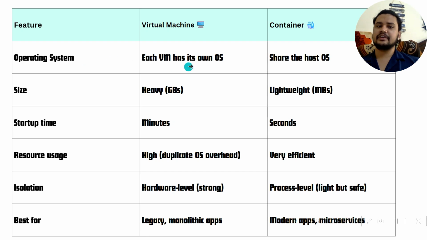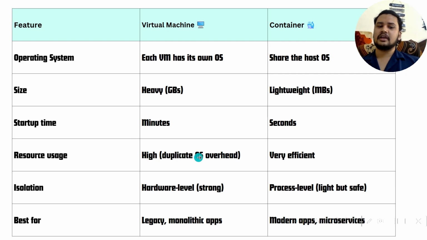Let's identify the features and the differences between virtual machines and containers. Operating system: each VM has its own OS, but a container uses the host OS. That's quite a big difference, right? Size: a VM is heavy, in GBs, but a container is lightweight, so the boot-up time is less. Startup time: minutes for a VM, seconds for a container.